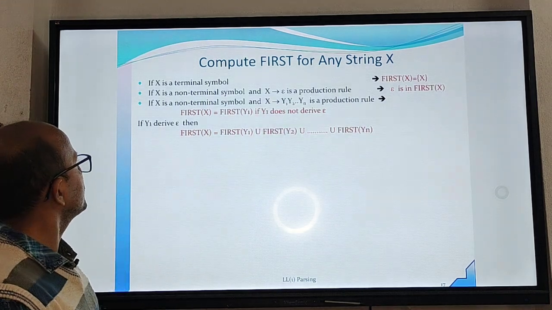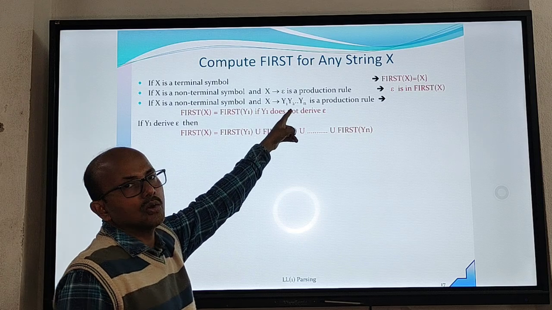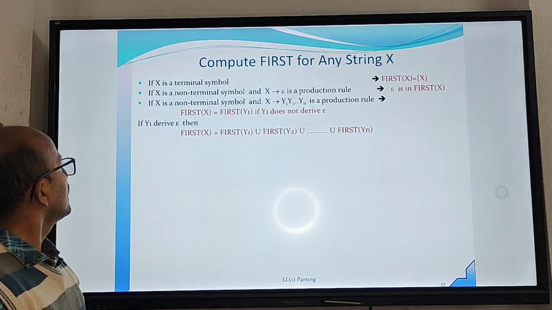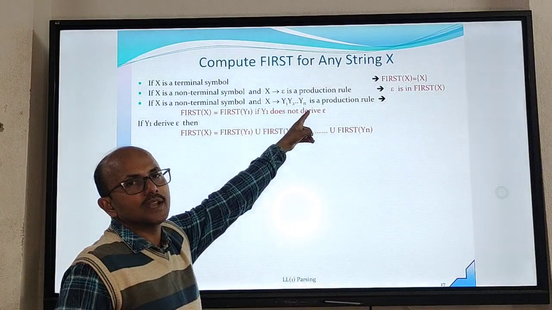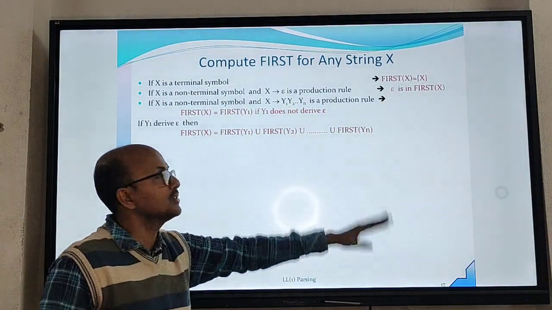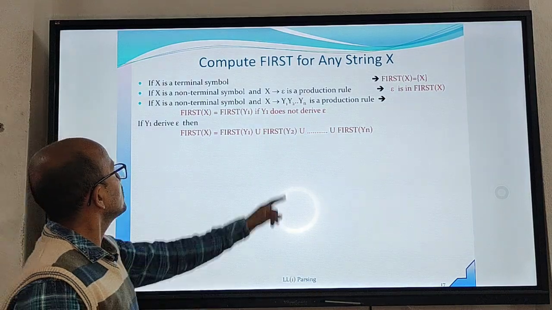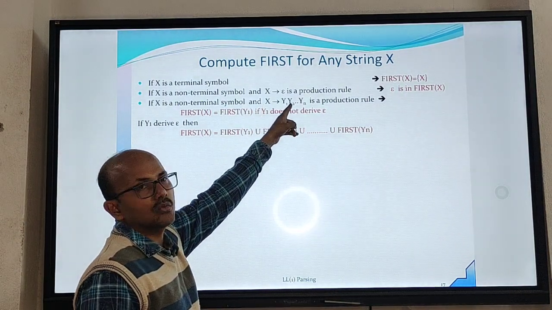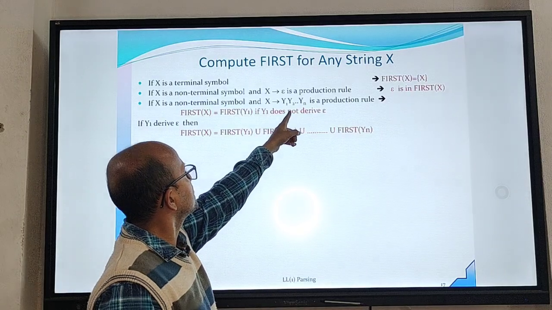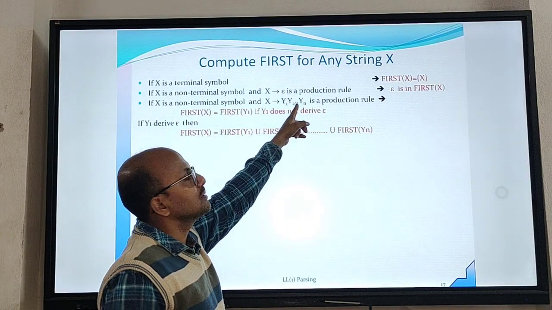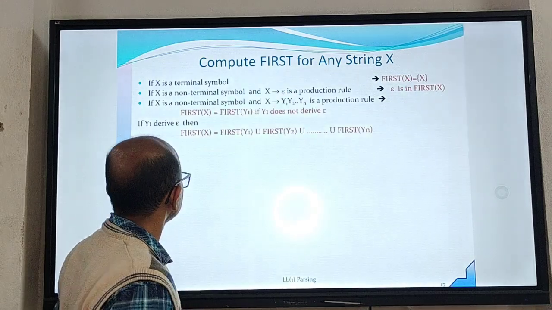And if we have a production rule X produces Y1 Y2 ... Yn, we have a number of symbols on the right-hand side. We do not know whether Y1 is null, whether Y2 is null or not. So if Y1 is null, then the first of X is the first of Y2. If again Y2 is null, the first of X is the first symbol of Y3, and so on.